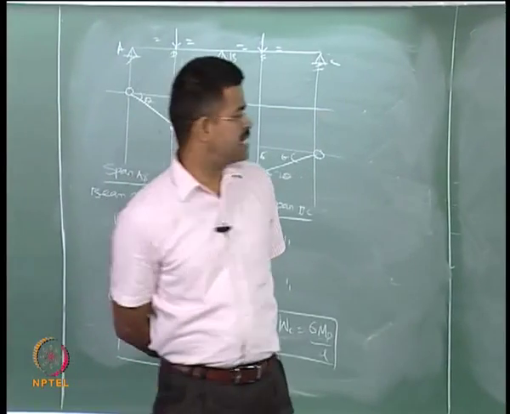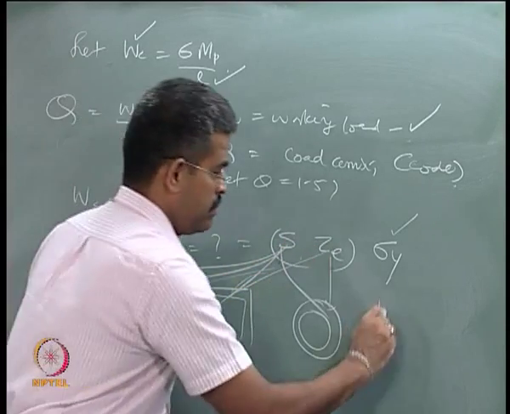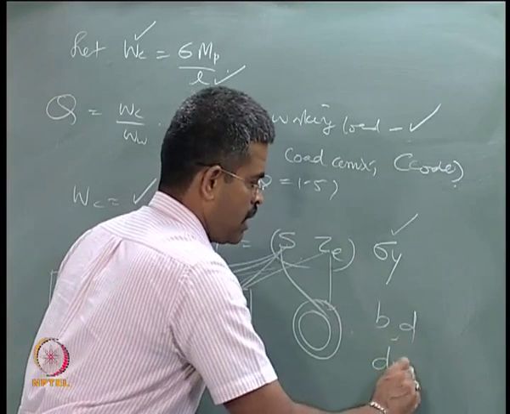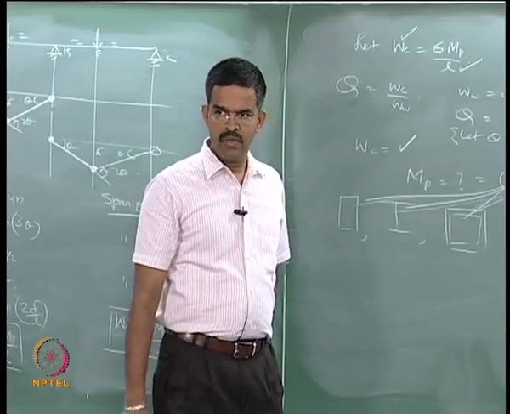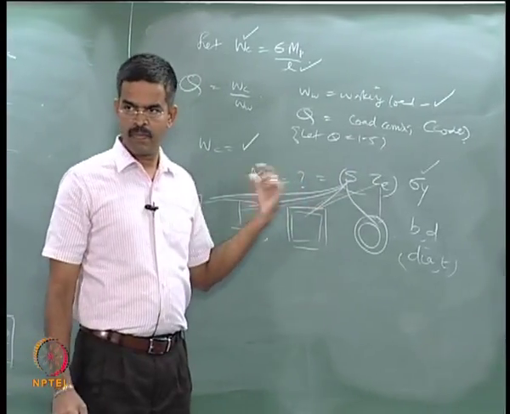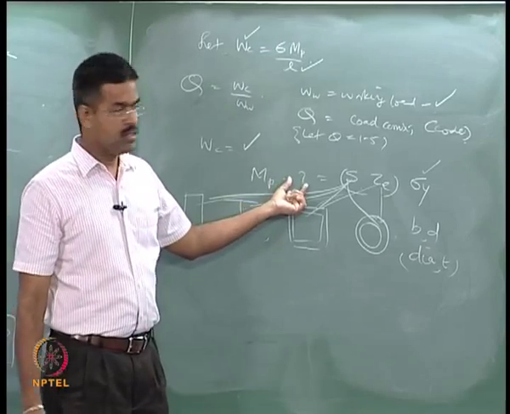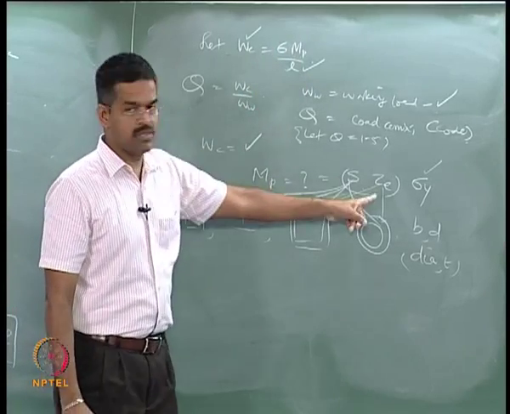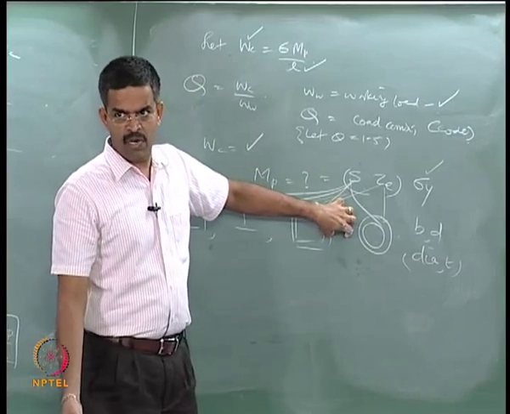Is it not? Because S will be a function of, or ZE will be a function of B and D, or diameter and thickness etc., depending upon the section you want. So, you will equate this, because MP is known, equate it here, MP is equal to this, pick up the section, choose S 1.15.